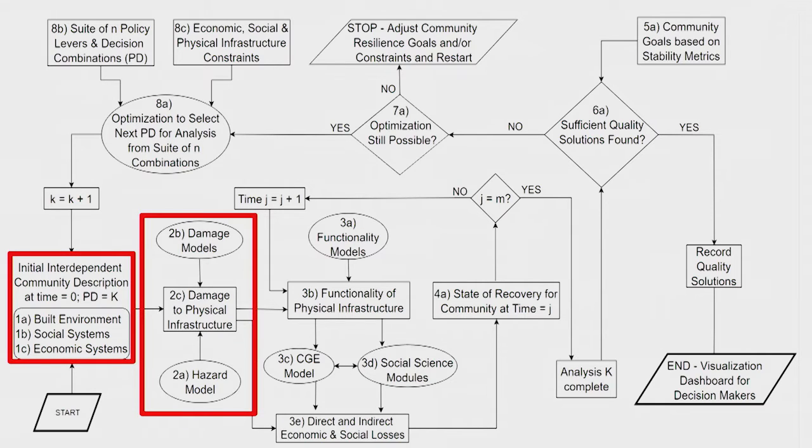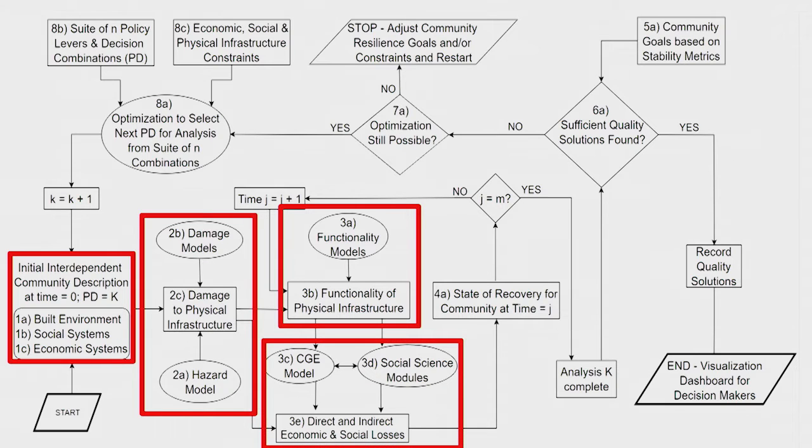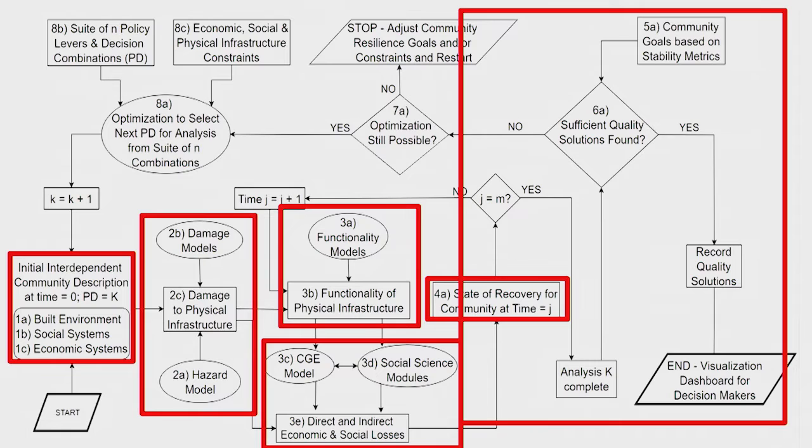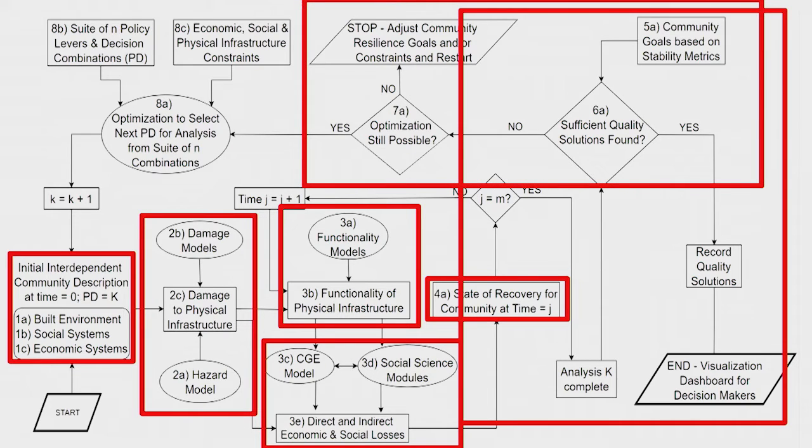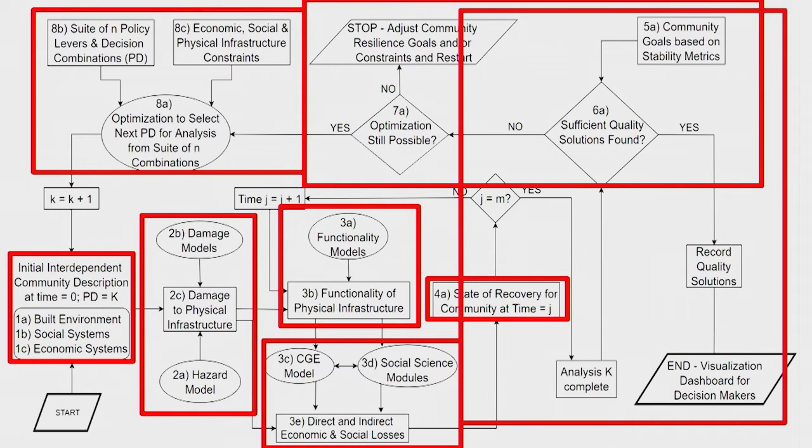And so we would then be searching across those, and so then we would restart the analysis, and once we make changes, it's no longer initial, but we re-describe that community description by changing the physical, social, and economics models, the damage models, the functionality, and we go back all the way through the analysis, and we're incrementing K, and K is a new policy. But again, remember, looking at that far right of this, we stop when we have enough.